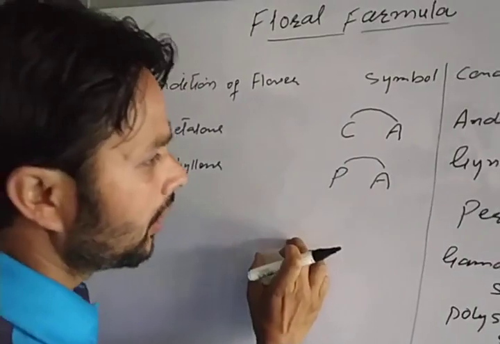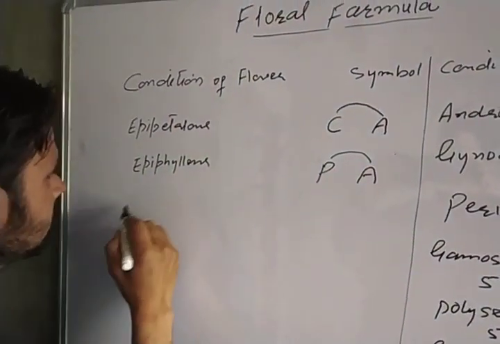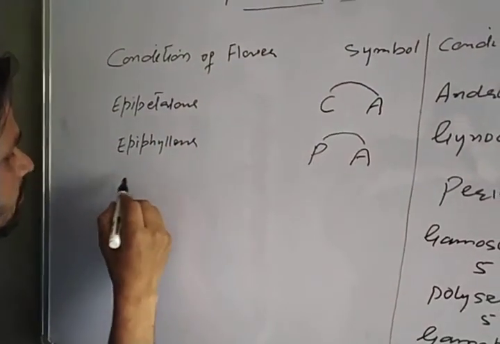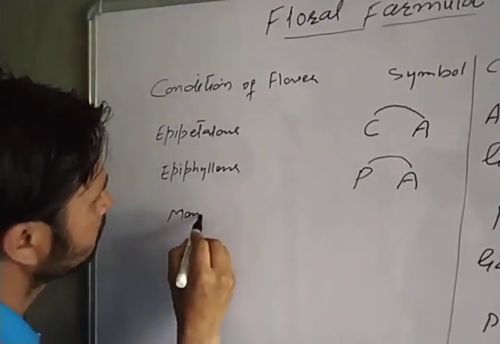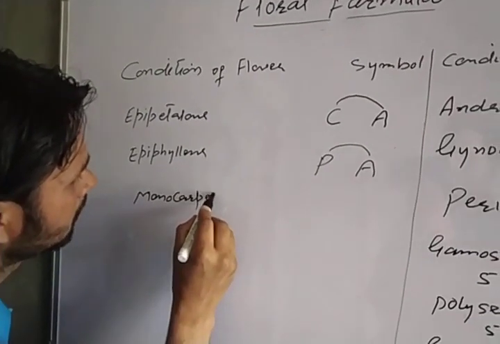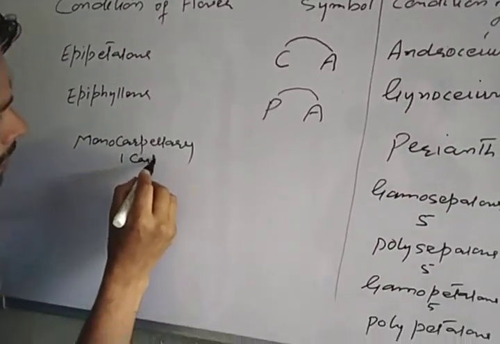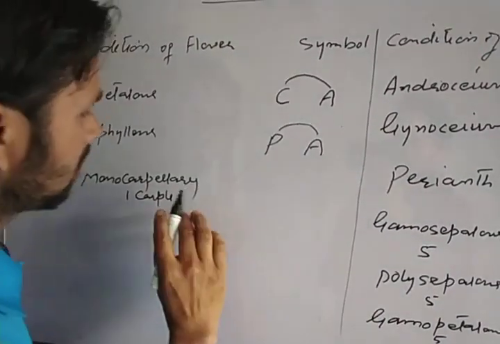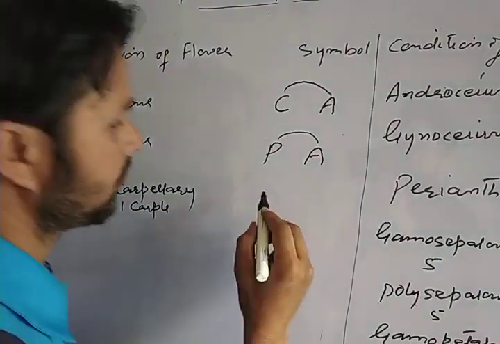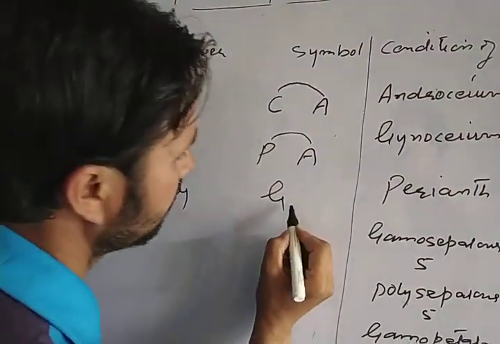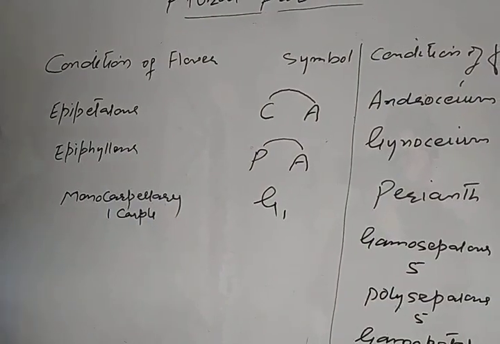Now, if we go for the gynoecium or carpels, we can say monocarpellary. Monocarpellary is a single carpel. It is represented so because the carpel is the unit member of the gynoecium. We can write here like this. This is monocarpellary.